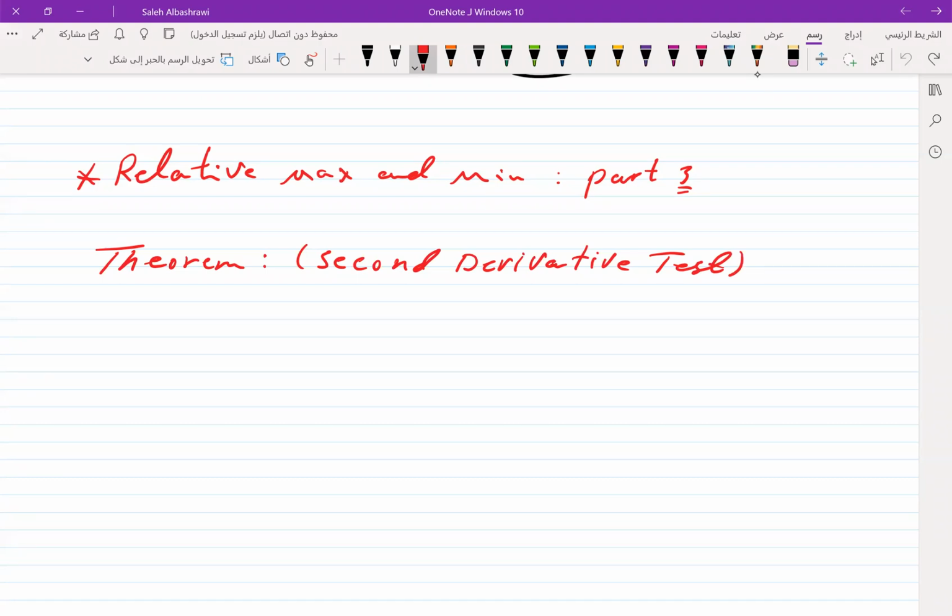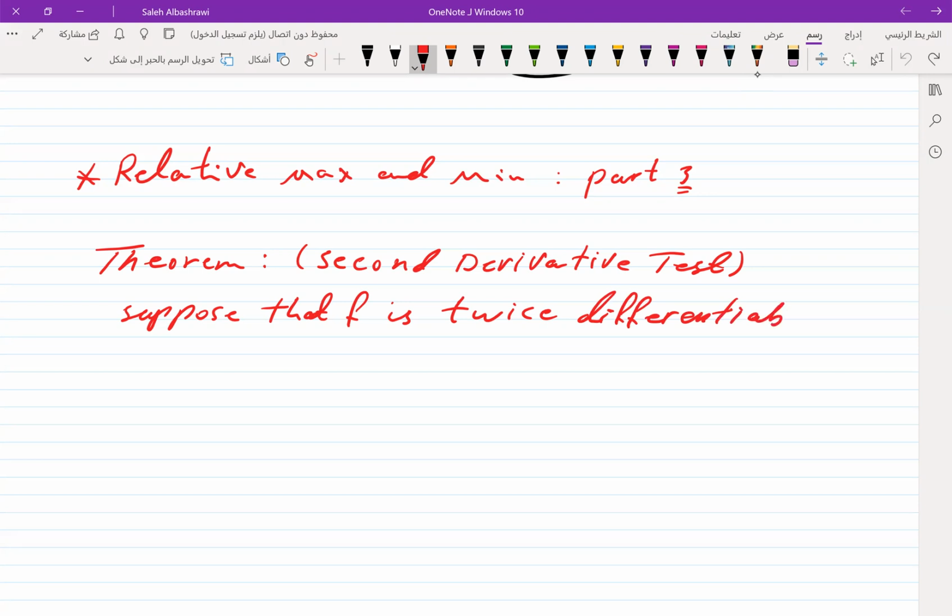And the statement of the theorem says that suppose that f is twice differentiable at the point x0.